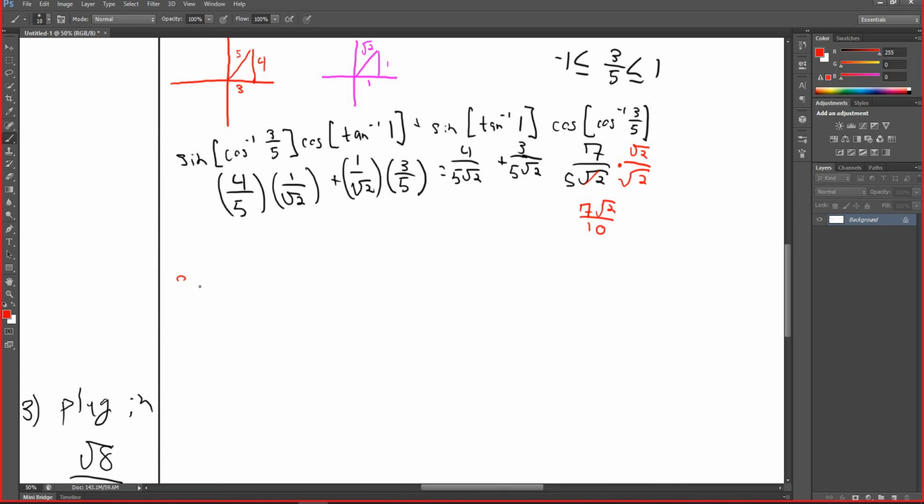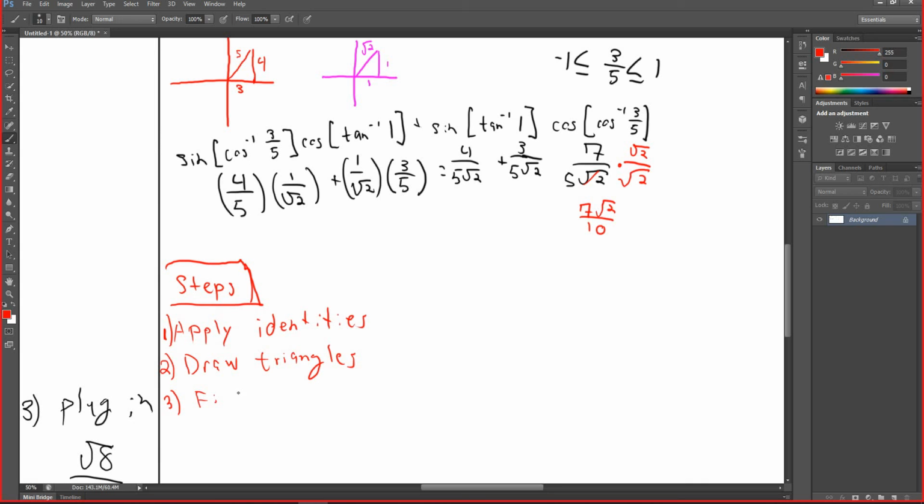So step 1 is apply the identity. Step 2 is draw triangles. Step 3 is find the missing pieces. And then step 4 is plug in and simplify.